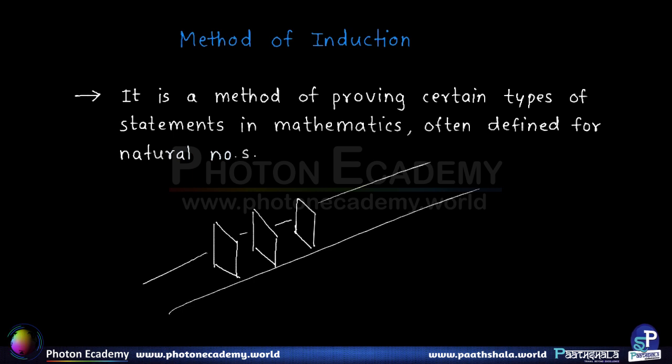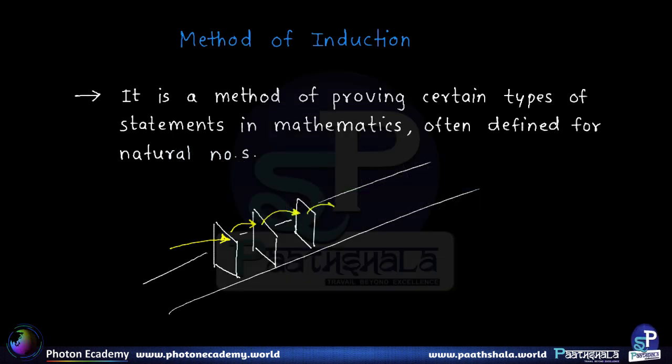What we do is we just make the first domino fall down manually, and when it falls we ensure that it will fall on the second one. That will in turn ensure that it falls on the third one, and so on.